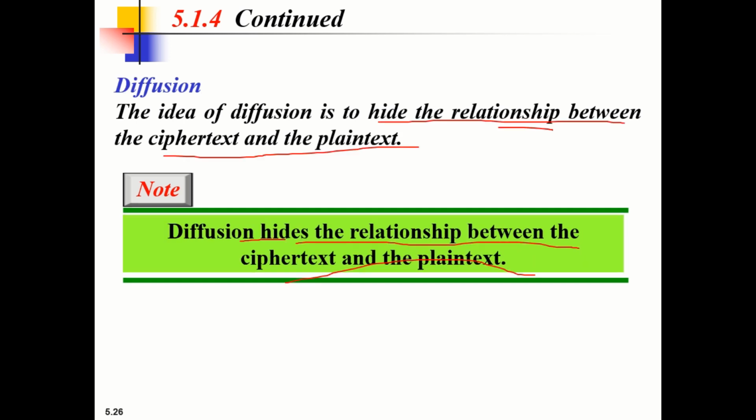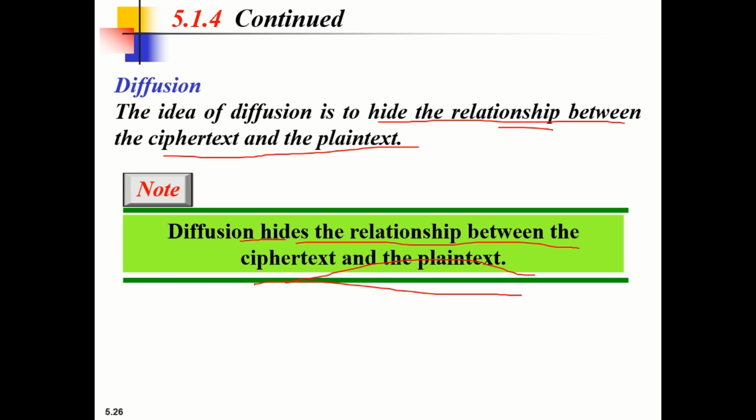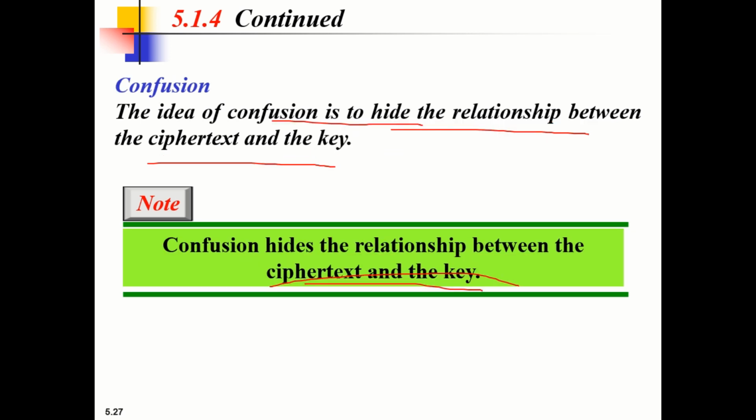In diffusion, we hide the relationship between cipher text and plain text, and in confusion, we hide the relationship between cipher text and the key. So don't get confused between these two terms. Diffusion talks about the cipher text and the plain text, and confusion talks about the cipher text and the key.